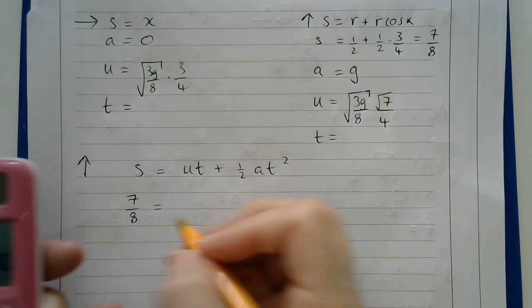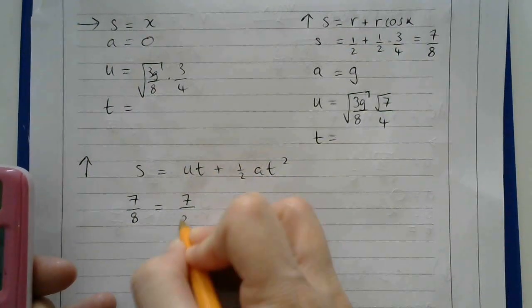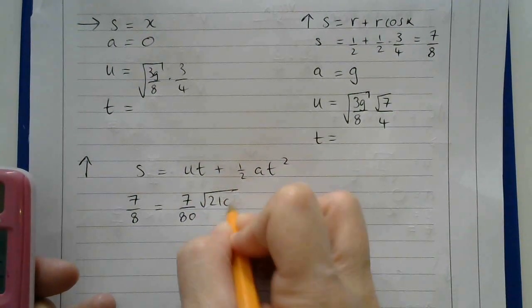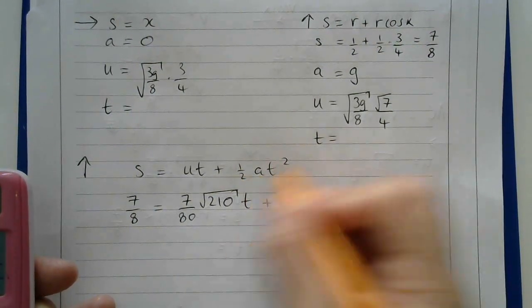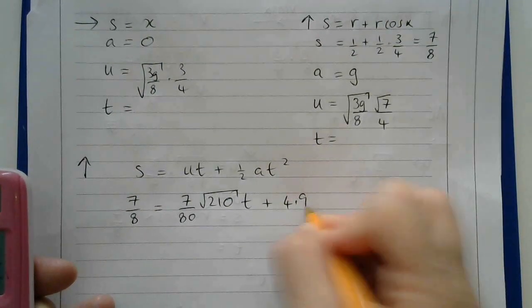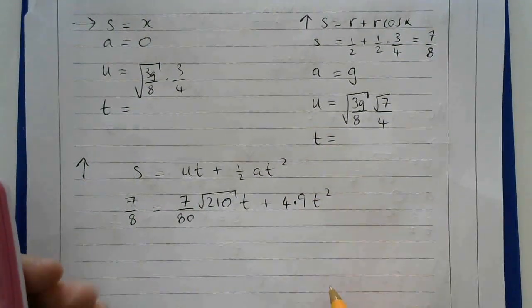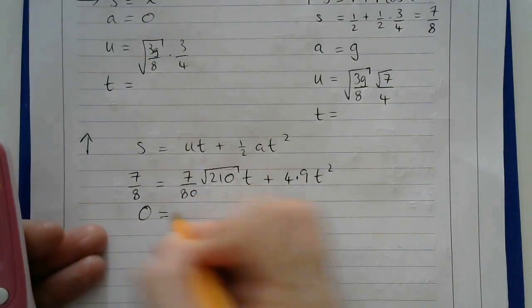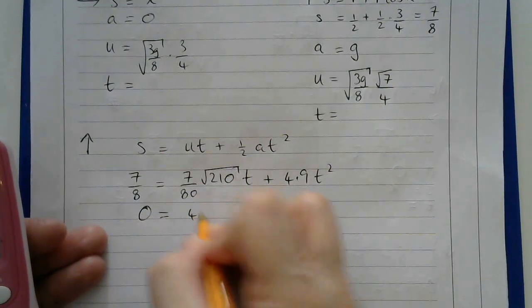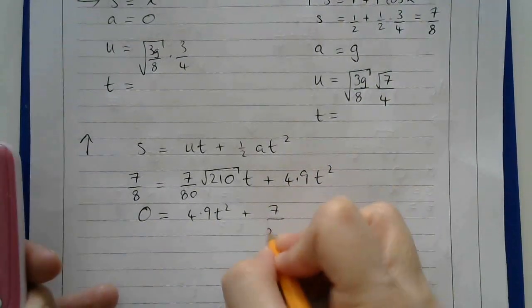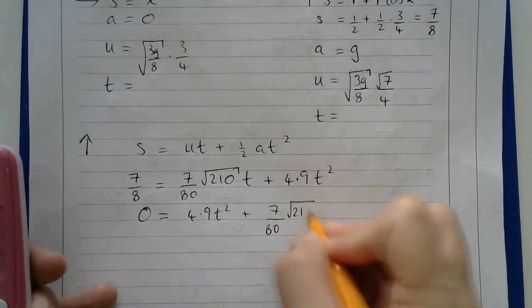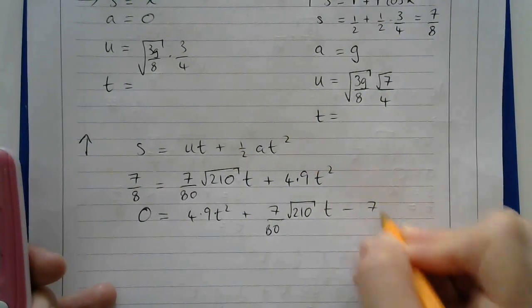That's not exactly nice, is it? Right, 7 over 80 root 210 multiplied by t, and here I've got half of A, half of G is 4.9 T squared. Okay, so I've got a quadratic equation in T: 4.9 T squared plus 7 over 80 root 210 T minus 7 over 8.